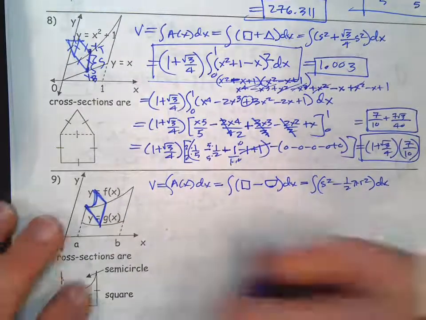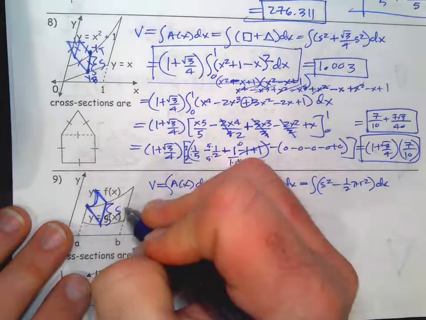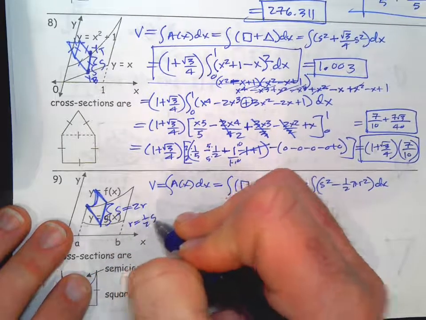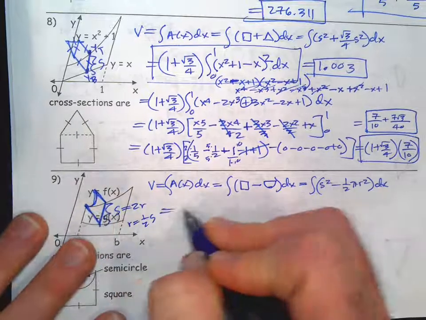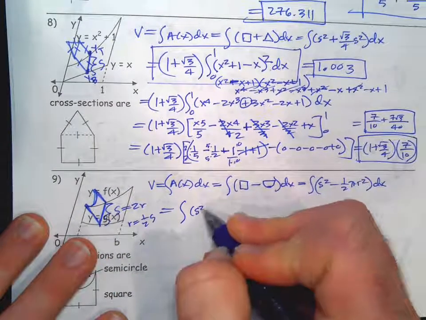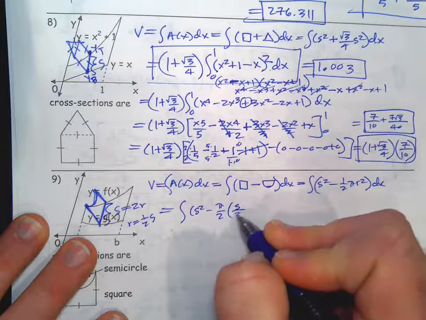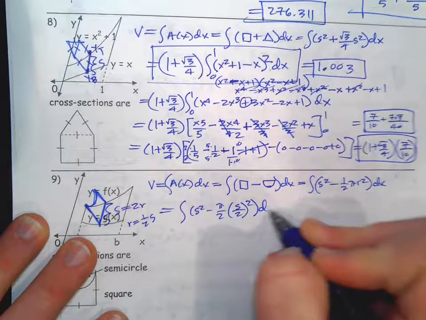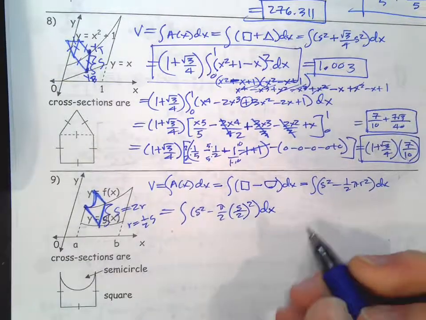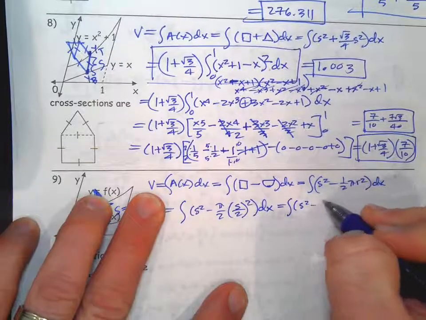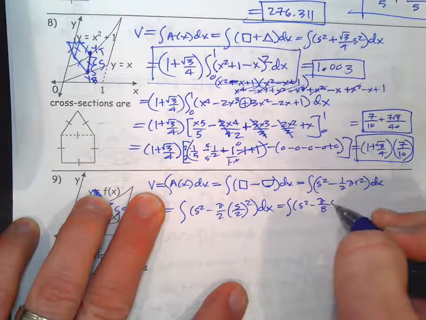I think s is going to be the way to go. S equals 2r, r equals 1/2 s. So it's going to be side squared minus pi over 2 times side over 2 squared. And that's going to give us side squared minus pi over 8 side squared.